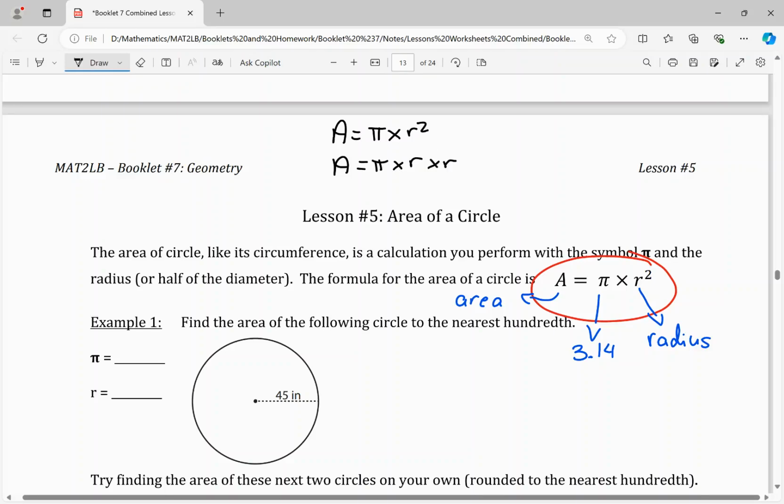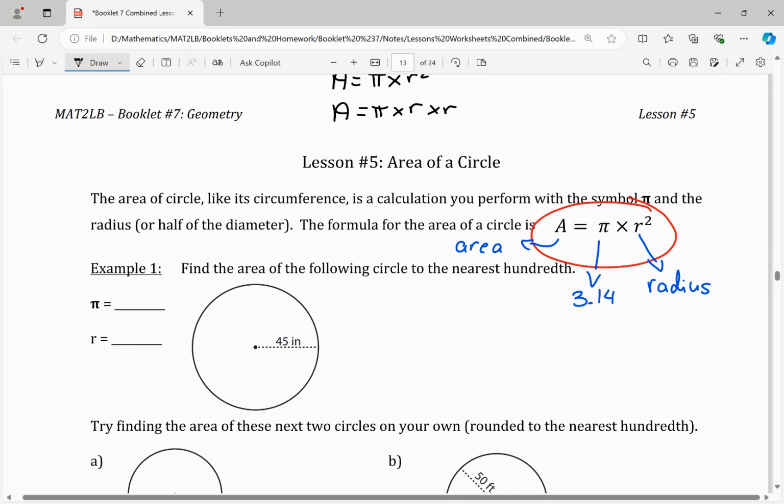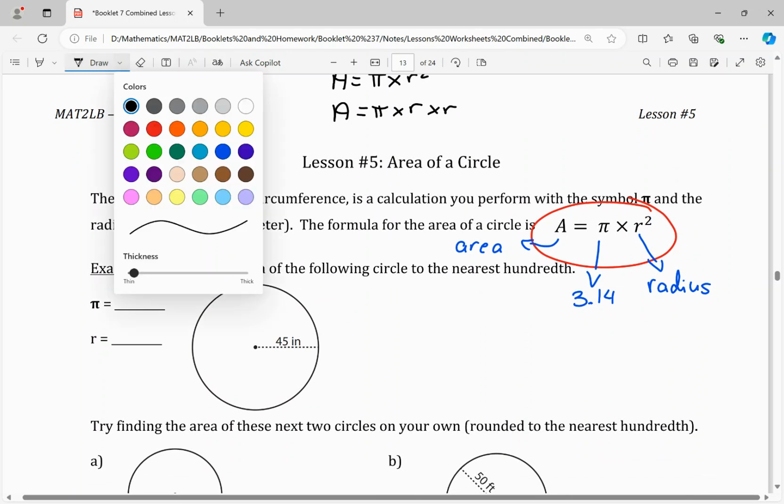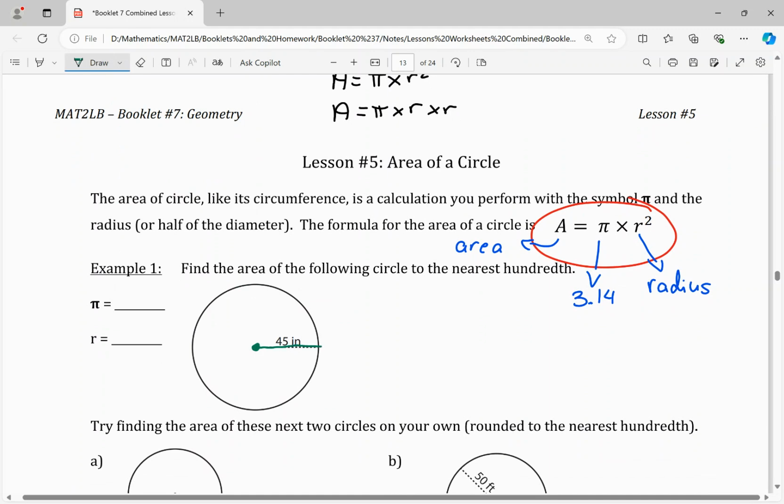It means the same thing. Now also make note, we are just talking about the radius here, not the diameter. The radius is the distance from the center of the circle to the outside.